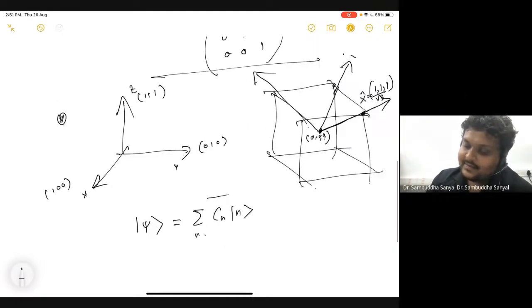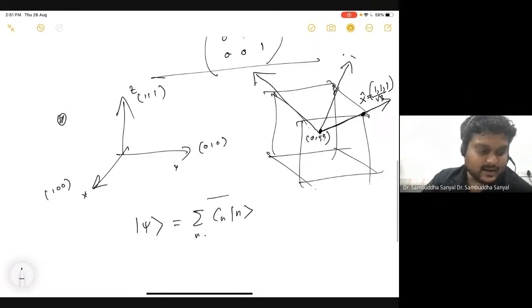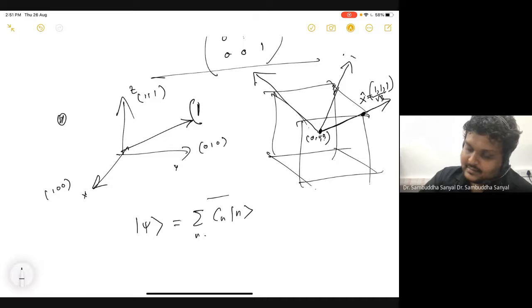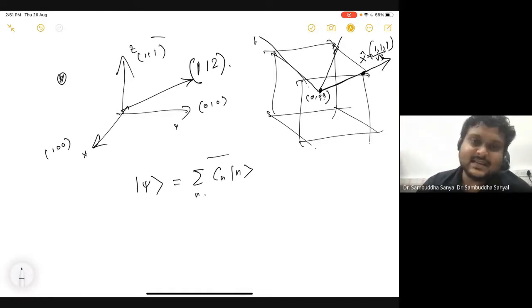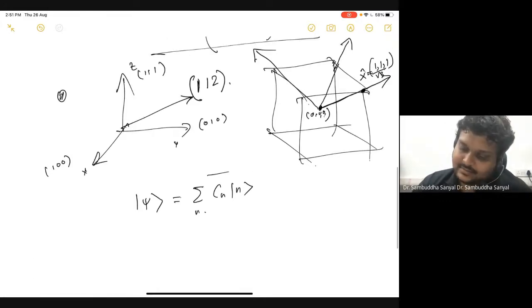So let's take an arbitrary vector, 1 1 2. Now this 1 1 2 I can express as a linear combination of 1 0 0, 0 1 0, and 0 0 1. I should not have written it 1 1 1.